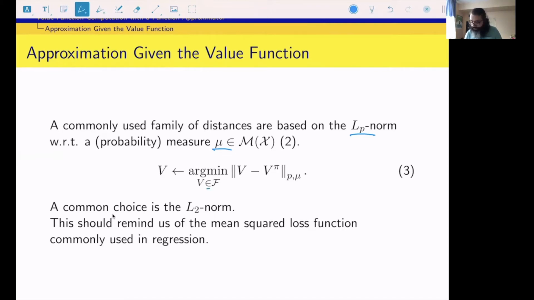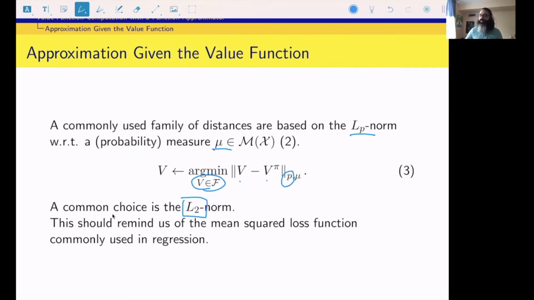So we find a v in function space such that the distance v minus v pi, according to this LP norm, has the smallest magnitude. And a common LP norm that we use is the L2 norm, so not any p, but just p equal to 2.